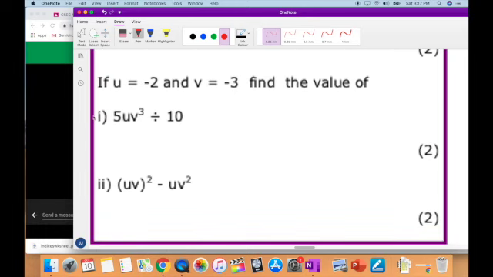Caitlin and Shazzy. Let me hear Caitlin first. 5 in brackets, -2, then another set of brackets, -3, cube, divided by 10.